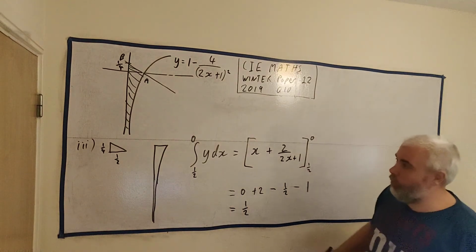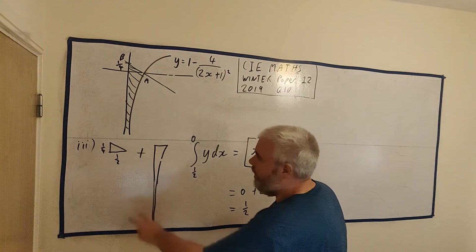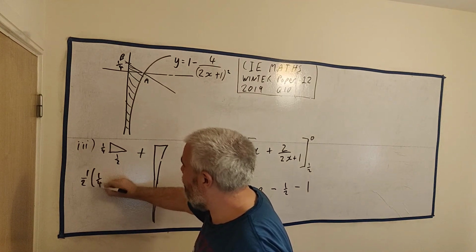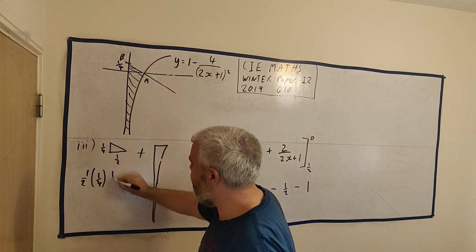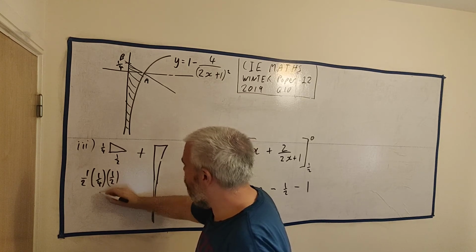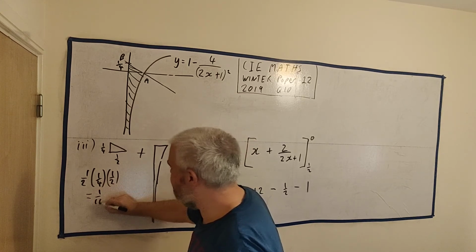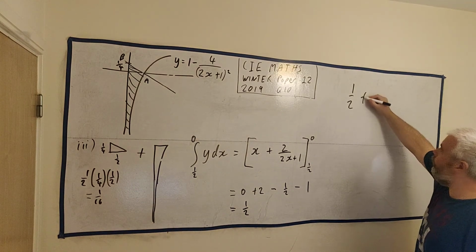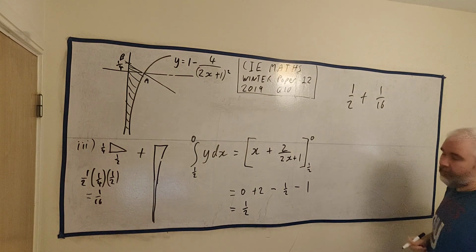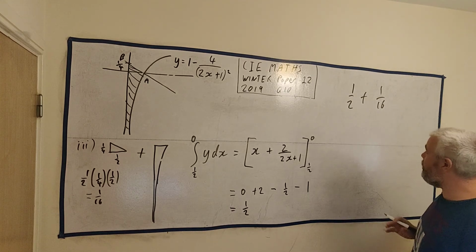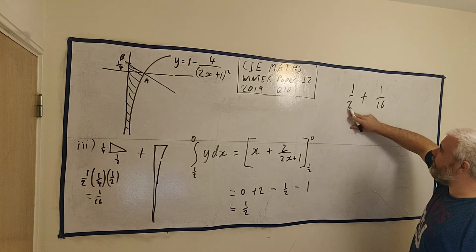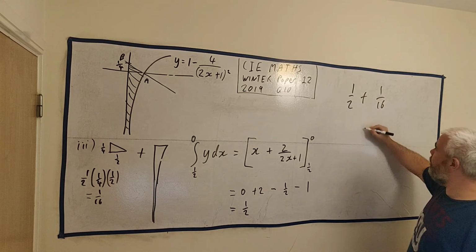Not our final answer, we still have to add these together. Now I never did this sum here. It's a half multiplied by the height multiplied by the base, which all equals 1 over 16. So the final answer is 1/2 plus 1/16. So many students are terrible at fractions, and let a calculator do it if you want, but instead of 2, I would like 16.